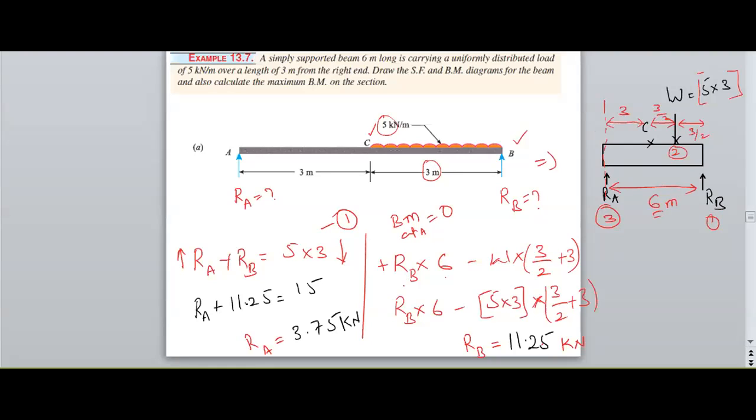I need to consider the distance from A to each and every point. Therefore, W into 3 by 2 plus 3 is the distance.